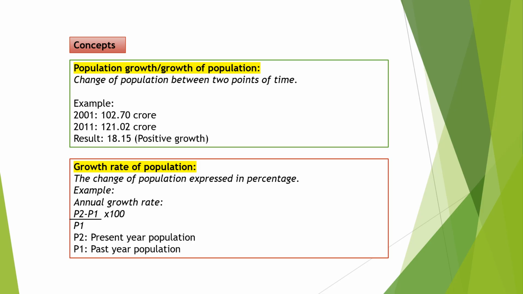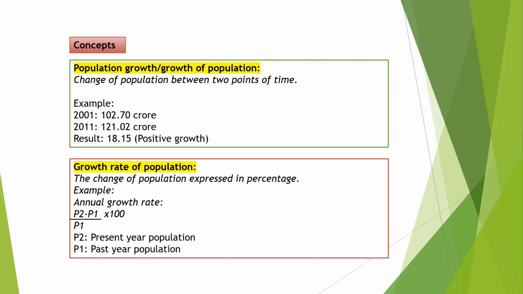What is written? Change of population between 2 points of time. 2 points of time means 2 years. So here I have taken 2 years, 2001 and 2011. This is the population of our country India. In 2001 the population was 102.70 crore and in 2011 the population was about 121.02 crore.